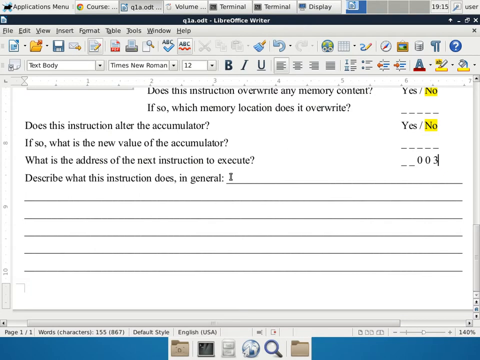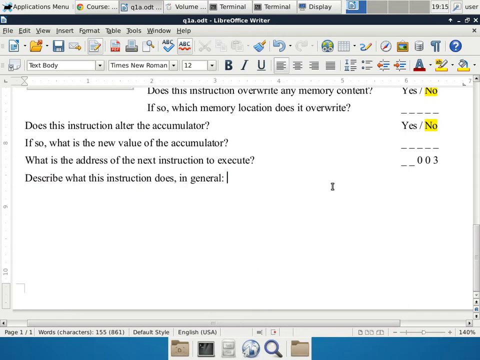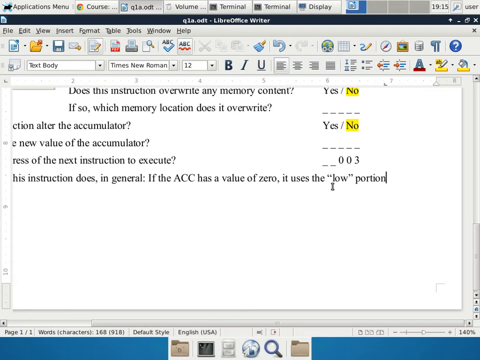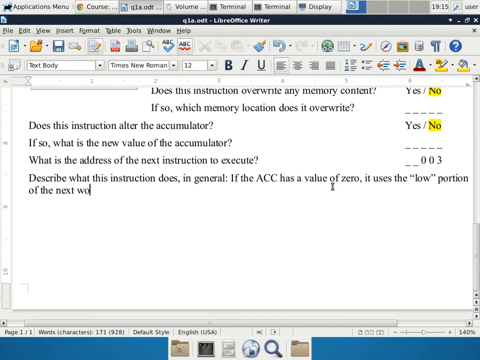Okay, so in general, what I want you to do here is to mention that it depends on the accumulator. If the accumulator, I'll just use ACC, has a value of 0, it uses the low portion of the next word as a branch destination, because in that case PC++ would have happened.